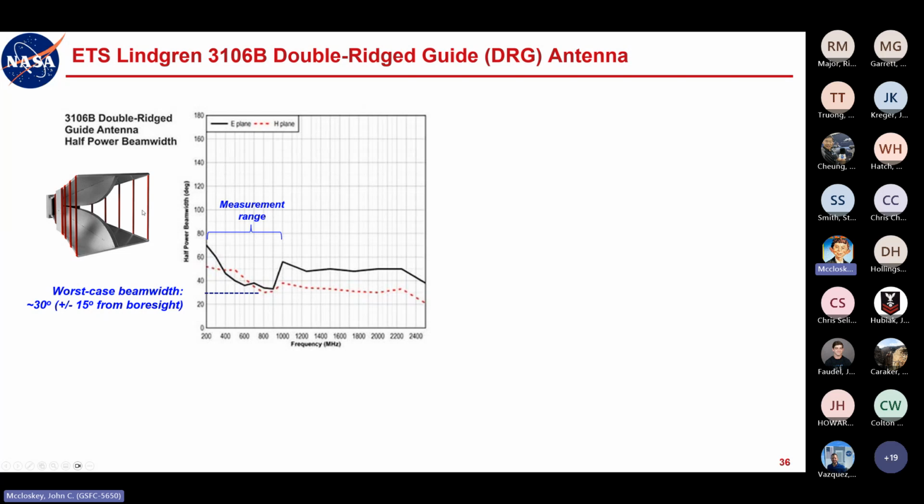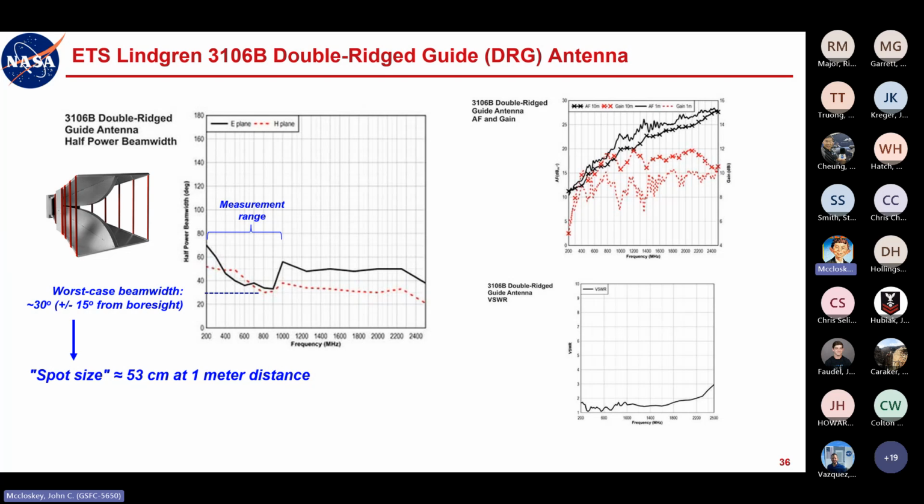So that's how much of the horizontal direction you're getting of your test setup. So you really need to pay attention to both of these. So I generally use the worst case of both plots. So they're specifying 30 degrees, or plus or minus 15 degrees from boresight. So your spot size at 1 meter is 53 centimeters. You get double that if you move it back to 2 meters, right?